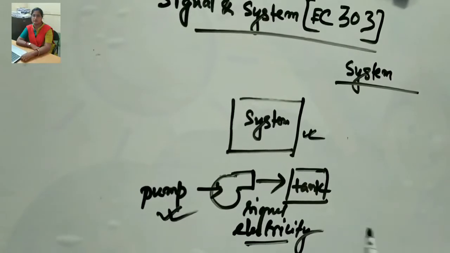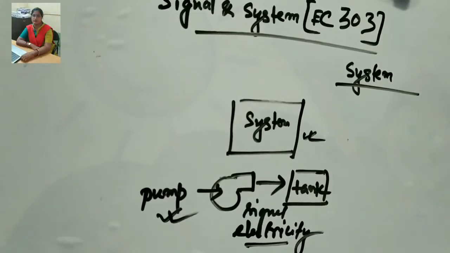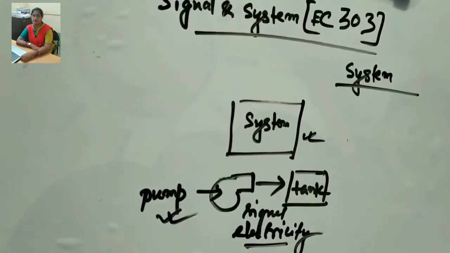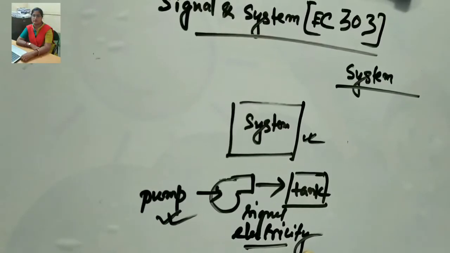So after receiving a signal, the system must process this signal to produce another signal, which is more desirable than the previous one. For example, in the case of the pump and water tank, after receiving the electricity, the pump will produce a mechanical work or a mechanical force so that the water flows towards the tank. Hence, here the electrical signal is converted into a mechanical signal.